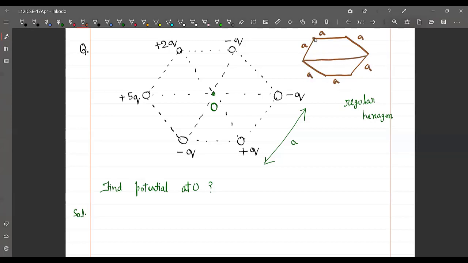That means a regular hexagon is made up of 6 equilateral triangles, like this. If I join these lines, all the internal angles are 60 degrees. This angle is 120 degrees, 60 plus 60. So all the triangles are equilateral. If this side is a, all sides are a, as well as this line, the distance between the charge and the center, that is also a.